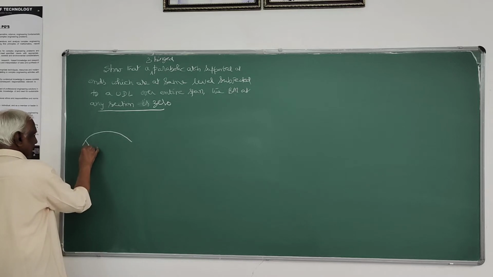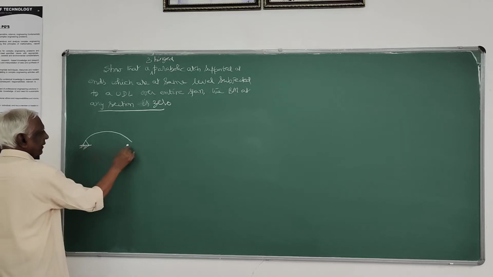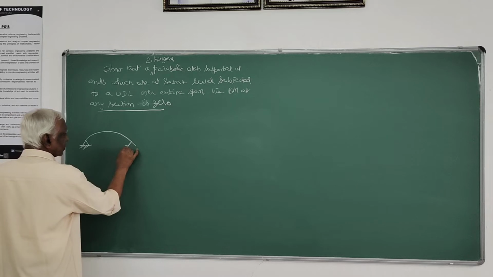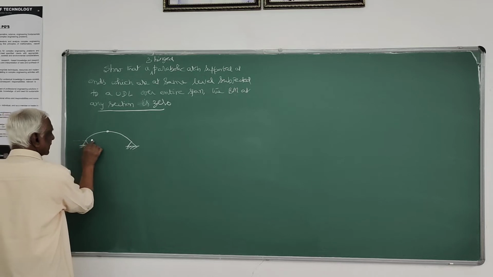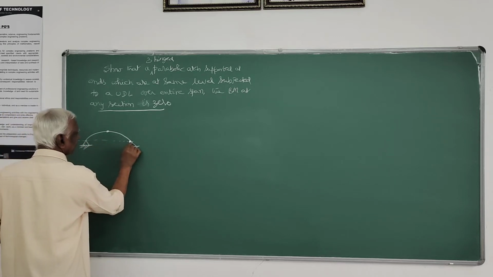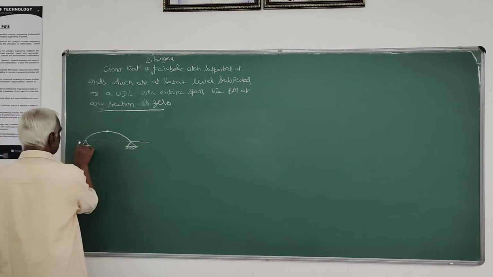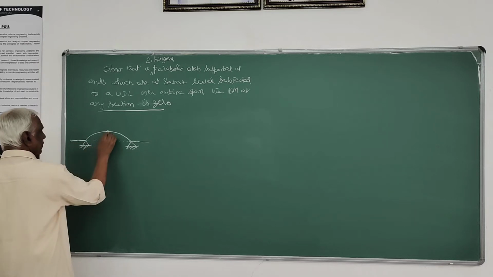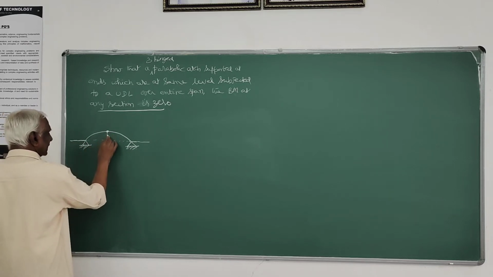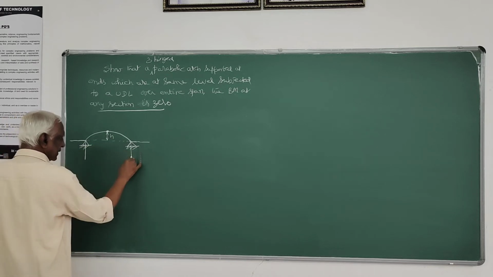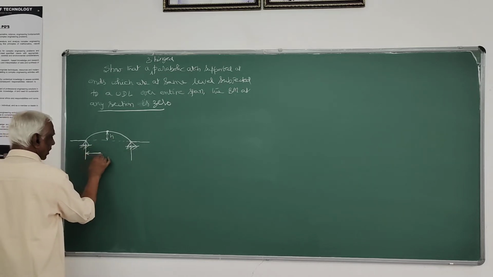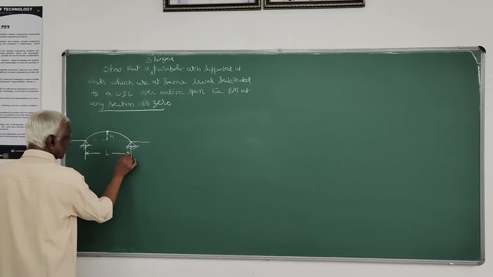So first let us take a three-hinged parabolic arch, two hinges at the support and one hinge at the apex, in this fashion. Let H be the rise and L be the span of the arch.